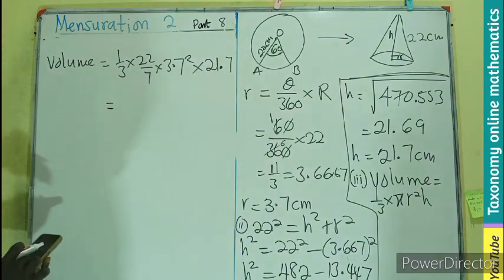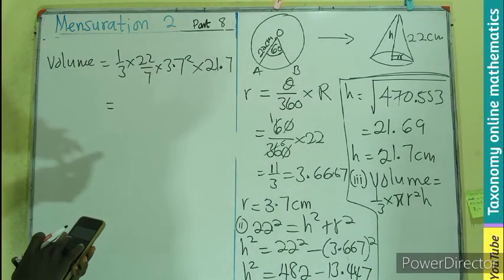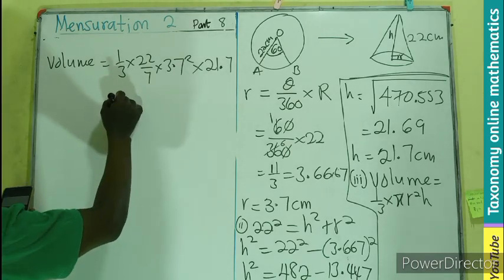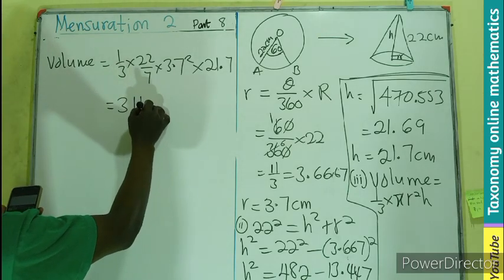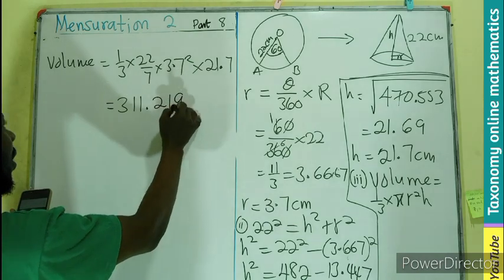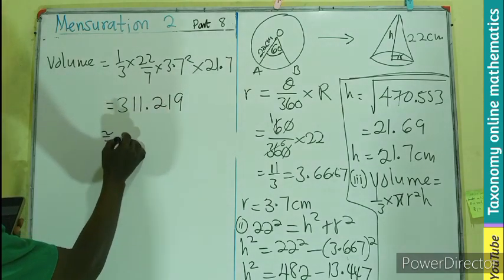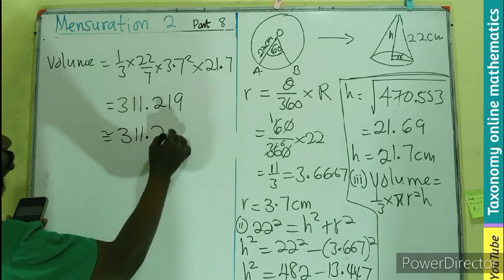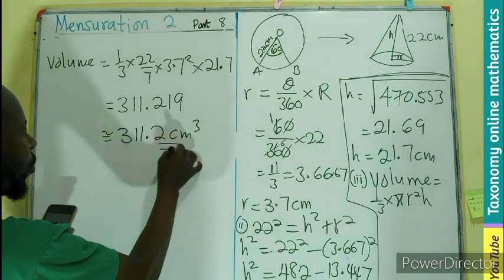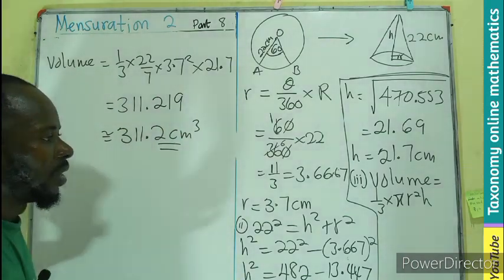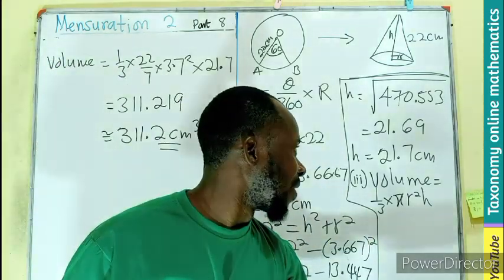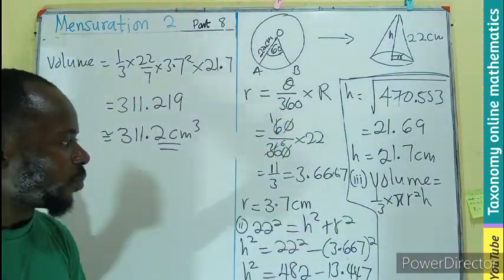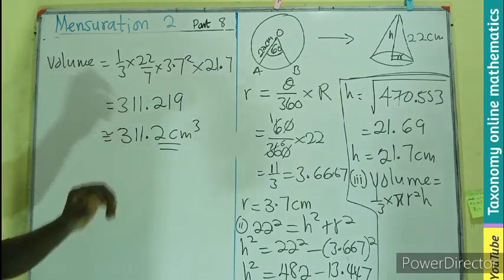When we do that calculation, that will give us 311.219. But we are looking for one decimal place, so 311.2 centimeters cubed. So the height is 21.7, the radius 3.7, then the volume 311.2 centimeters cubed.